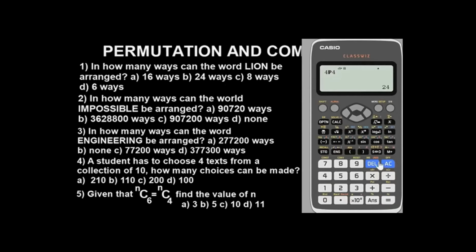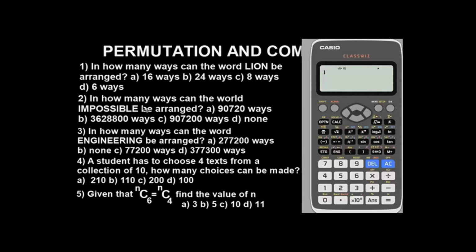That's for question 1. Now question 2 says, in how many ways can the word impossible be arranged? So guys, this question 2 can only be solved by one method. I'll tell you the reason. The word impossible has 10 letters. If you count it, 1, 2, 3, 4, 5, 6, 7, 8, 9, 10.